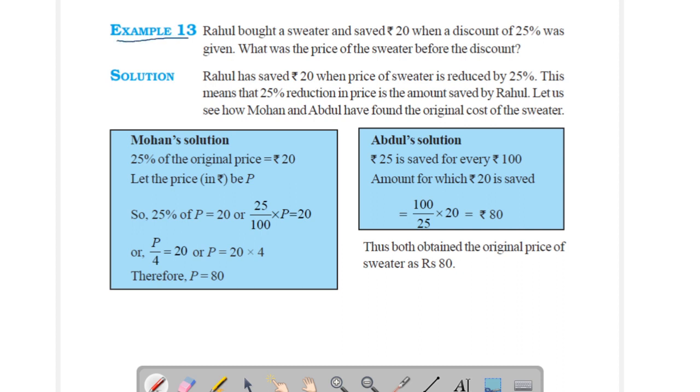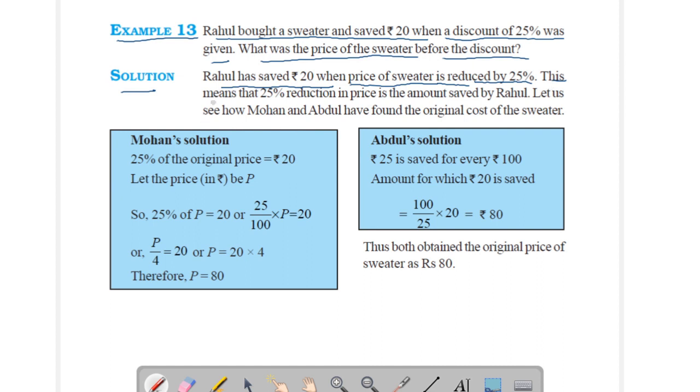Say example 13. Rahul bought a sweater and saved rupees 20 when a discount of 25% was given. What was the price of the sweater before the discount? See the solution. Rahul has saved rupees 20 when the price of the sweater is reduced by 25%.